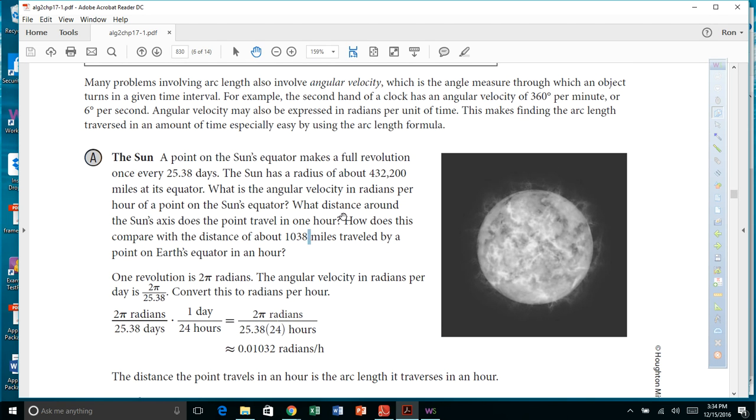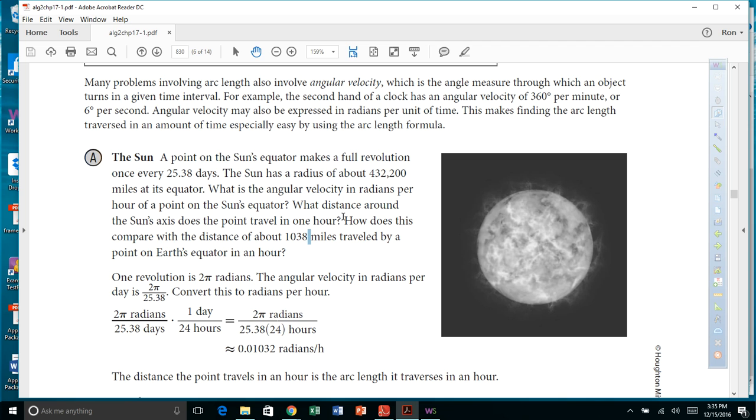Many problems involving arc length also involve angular velocity, which is the angle measure through which an object turns in a given time interval. For example, the second hand of a clock has an angular velocity of 360 degrees per minute, or 6 degrees per second.